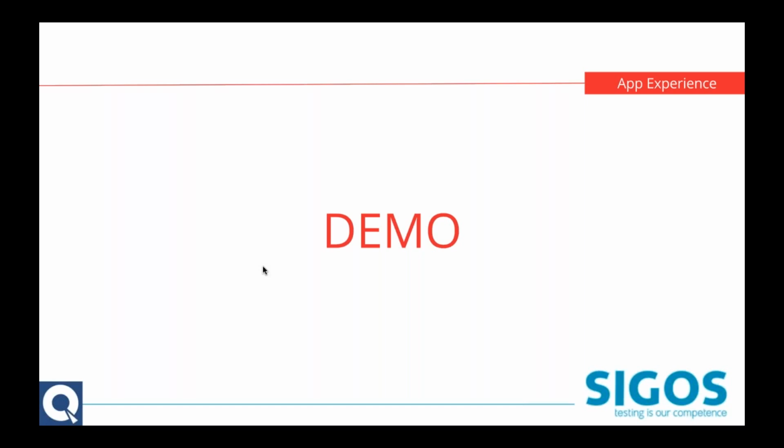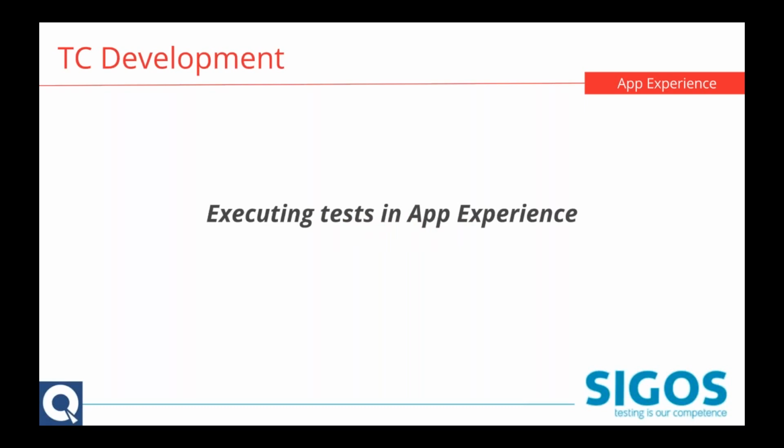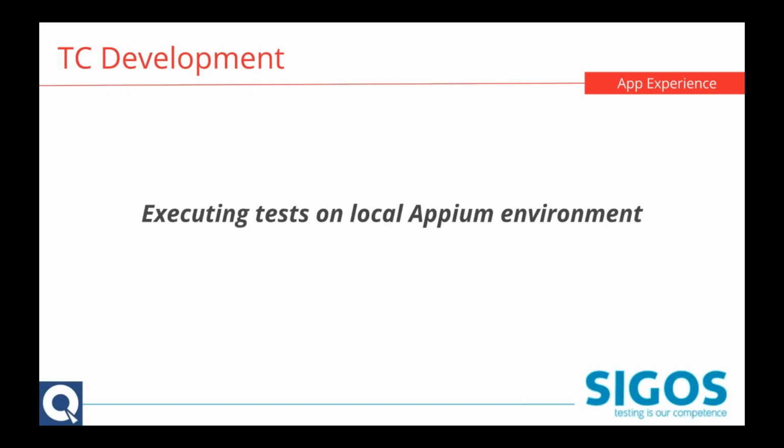So if you're tired of listening to me talk, let's get into the demo portion. I'm going to show you a few different demos. The first thing I'm going to do, if you've never used App Experience before, is show you what it looks like to create a simple record and playback execution of an application I've built and some test code that I created.